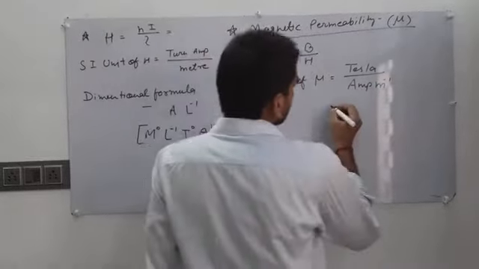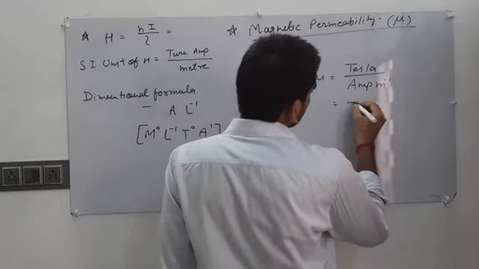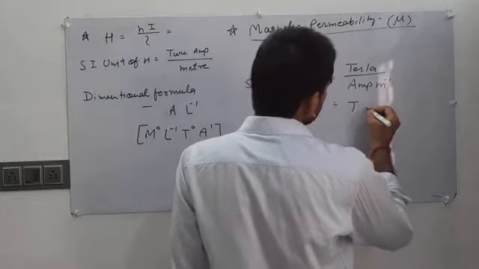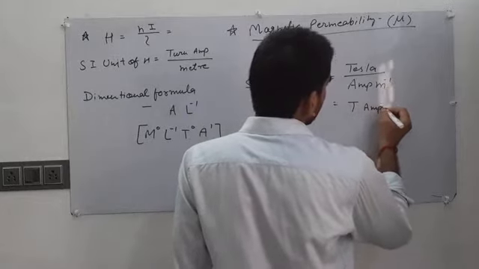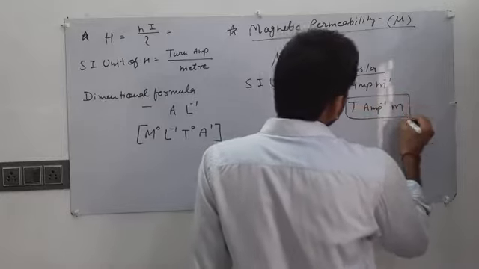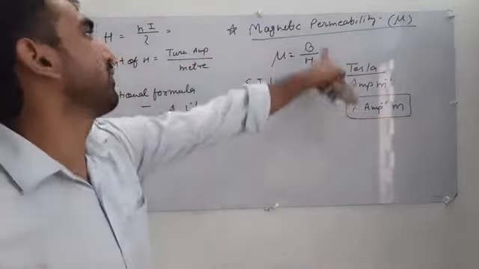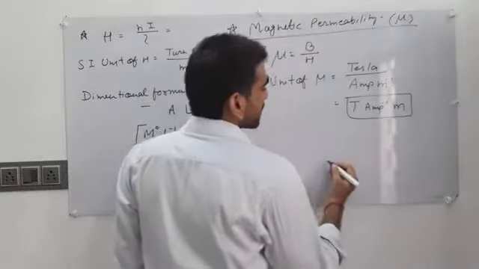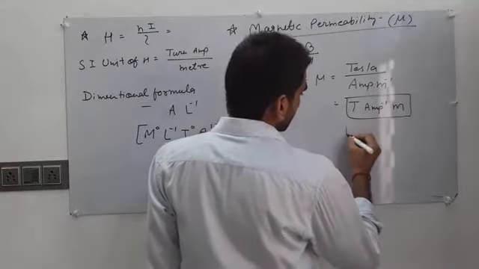It can also be written as Tesla meter per ampere. We know that the unit of magnetic field B is also Weber per meter square.